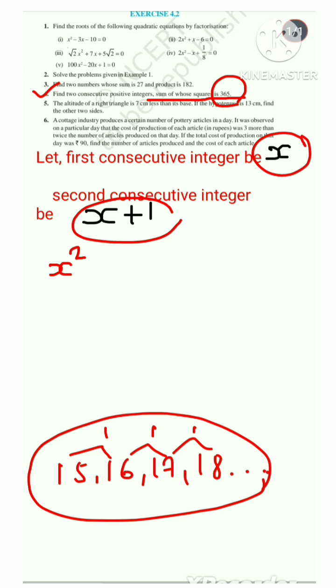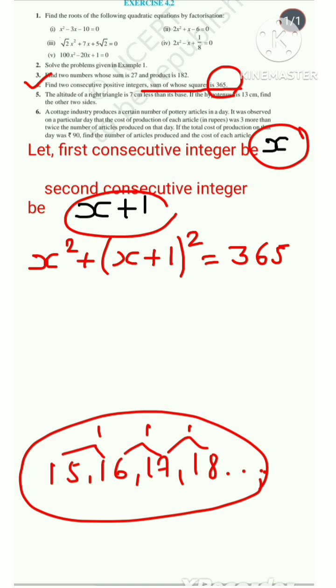Similarly, our second consecutive integer is x plus 1, and its square will be x plus 1 whole square, and their sum is equal to 365, right?